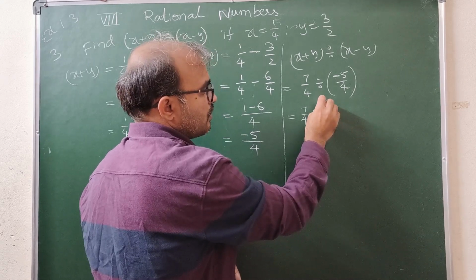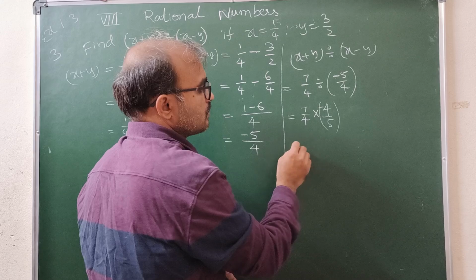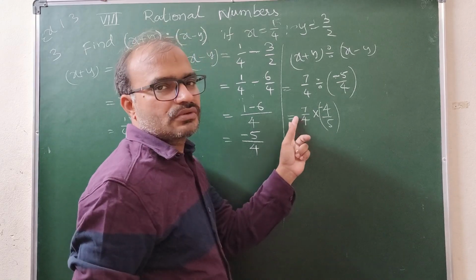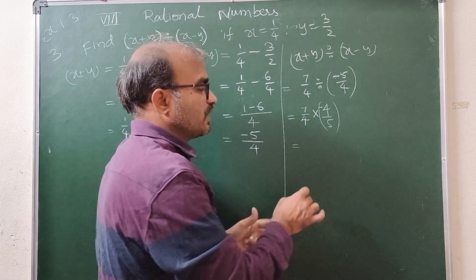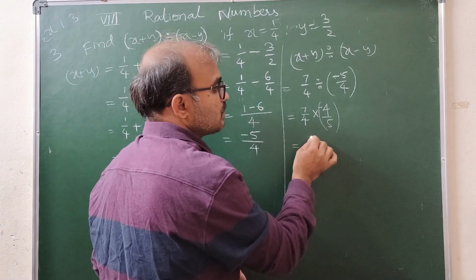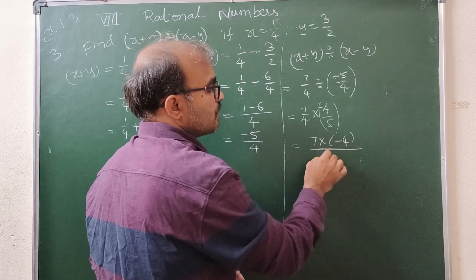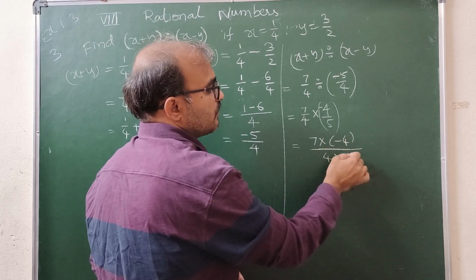Again keep brackets. Now how do you multiply fractions? Numerators into numerators, denominators into denominators. 7 into minus 4 by 4 into 5.